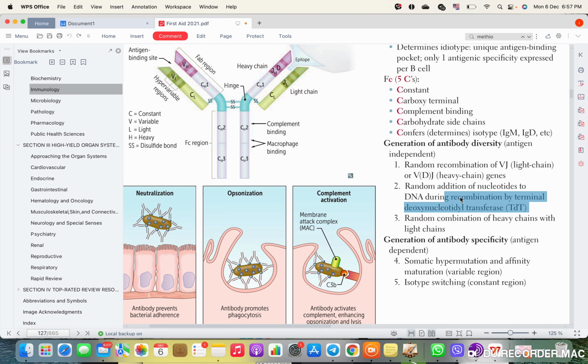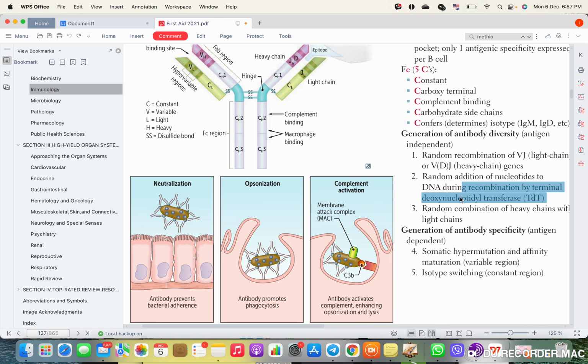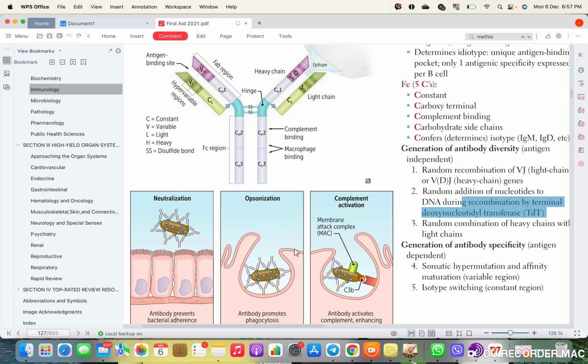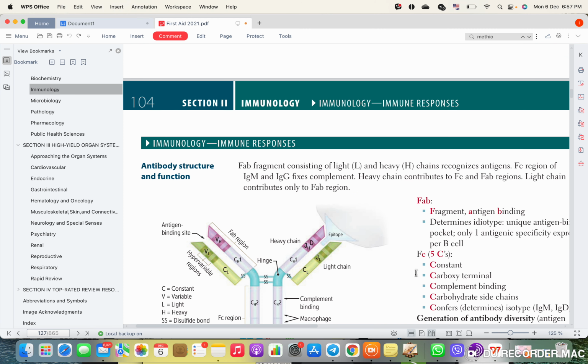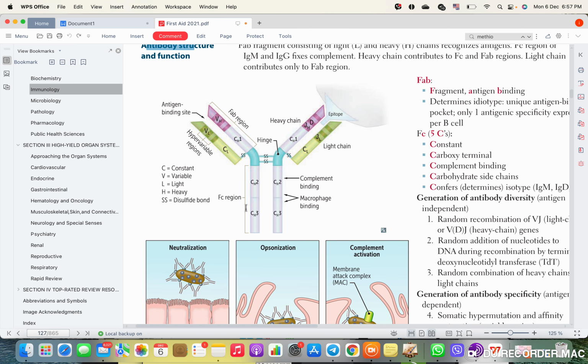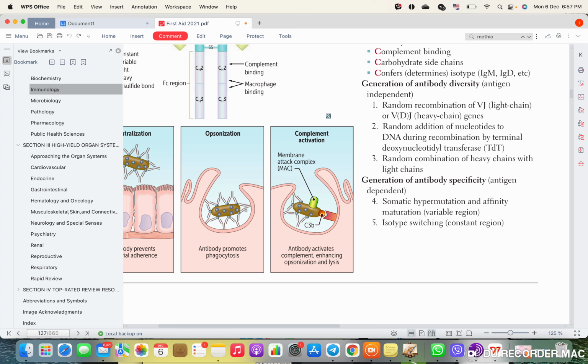The TdT is a marker. It's a marker of cancer, especially which type of cancer? The lymphocytic cancer. Why? This process is antibody mediated. So if it's antibody mediated, it will be at which cell? The B cell. So if it's the B cell, a patient who has cancer of the B cells, what is cancer? It's hyperproliferation.